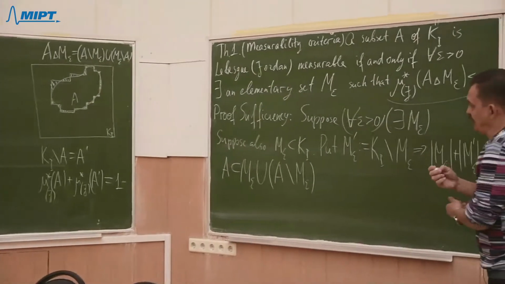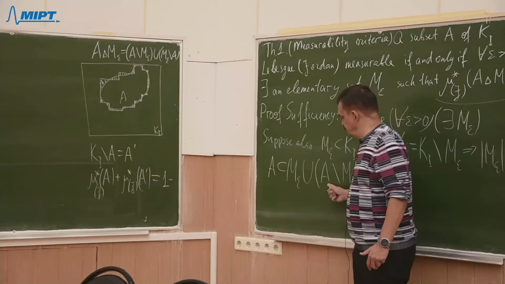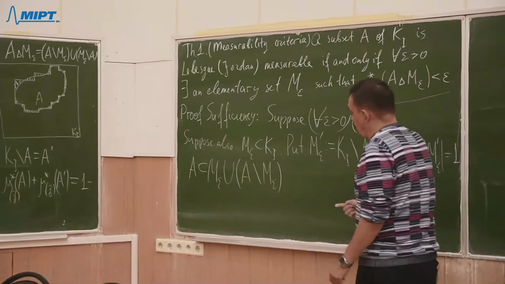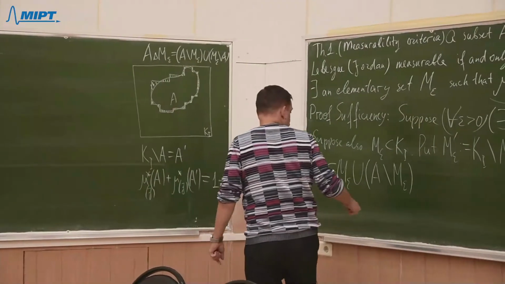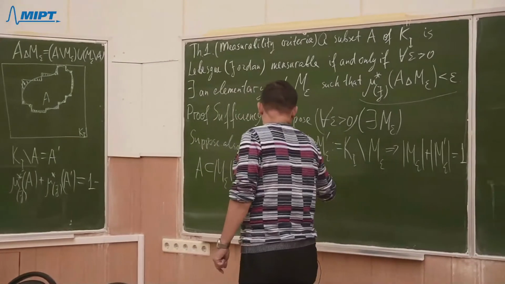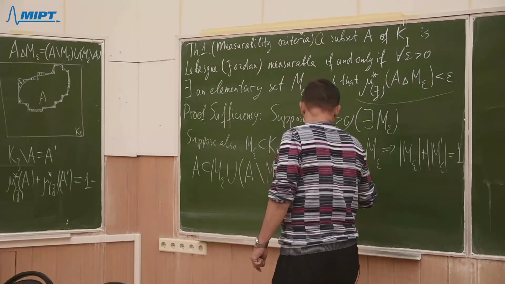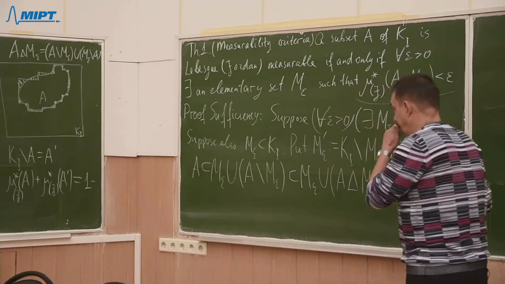Because I added to the set M epsilon everything which was not included into this M epsilon. And the difference is a subset of the symmetric difference. So I can add more, and then of course we have the inclusion like that.